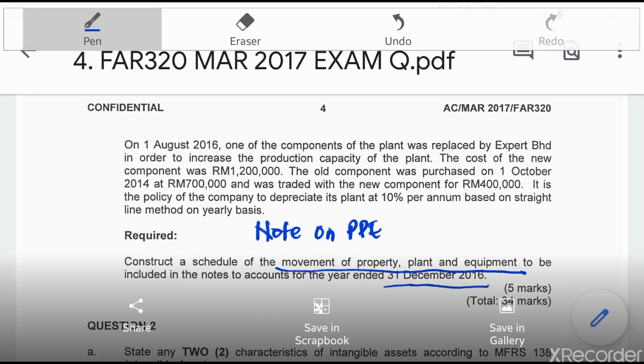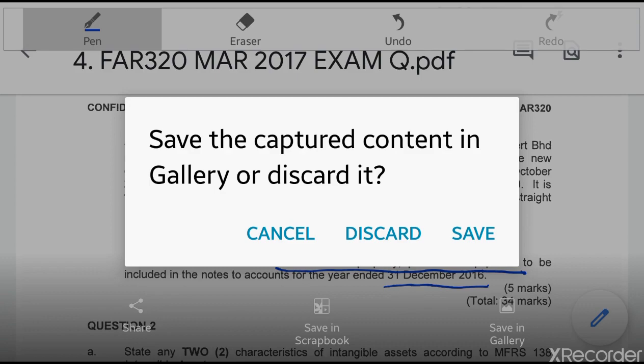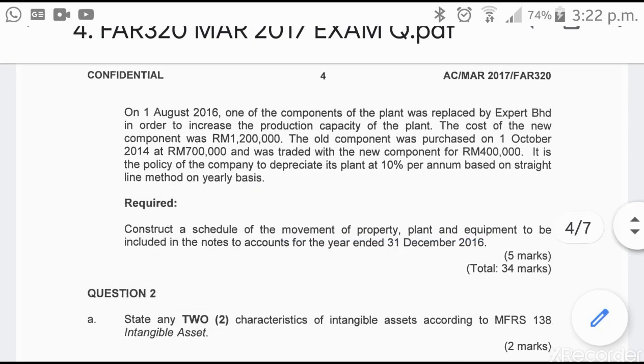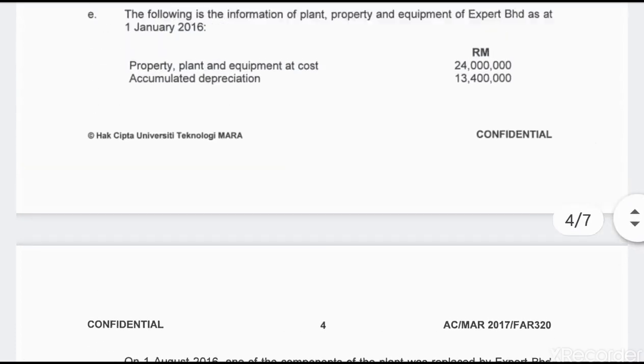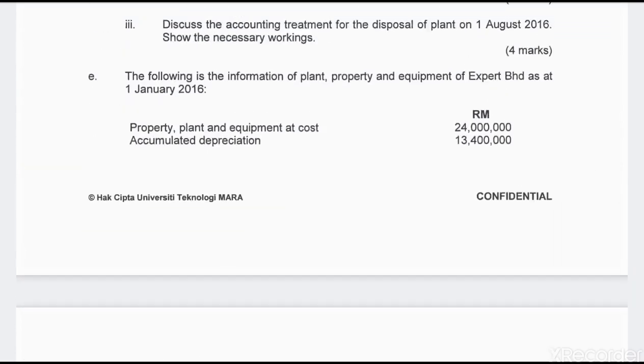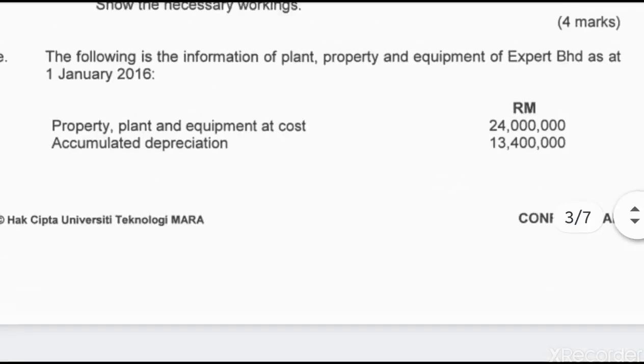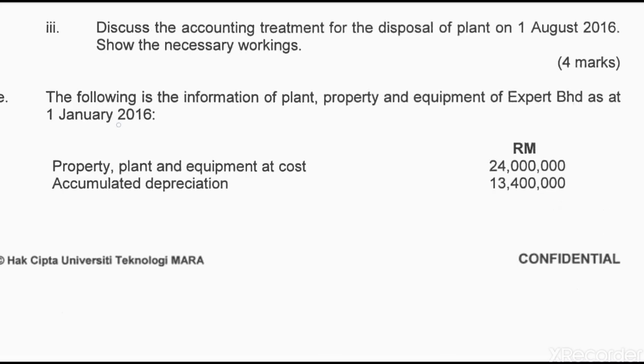There are a few things that you may have to look at before you prepare the notes on PPE. So number 1, if you look here, you are given the information on 1st of January 2016.